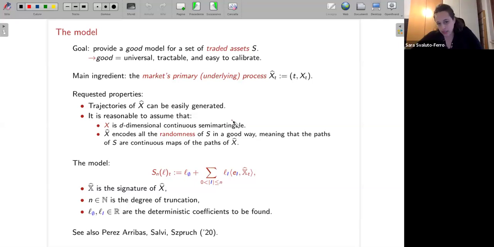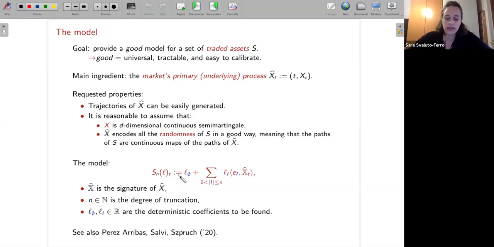Then the randomness of the strong solution of the SDE comes from the Brownian motion, and the Brownian motion is reasonable to be assumed to be a continuous martingale. So X should be something nice and easy. S should depend on X, meaning that the randomness comes from X, and the two are related by something continuous.